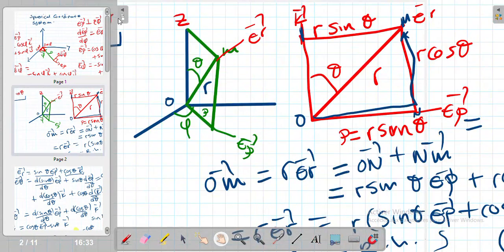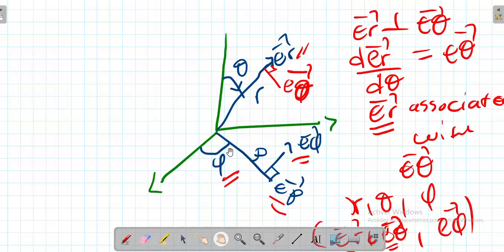You construct it using the angle phi and another angle theta, then this is ER, then this is E theta, then E rho, E phi. One interesting property about vectors is that the derivative of a vector with respect to the angle theta will give us the vector perpendicular to it, which is E theta.